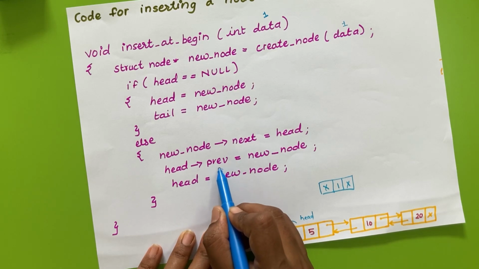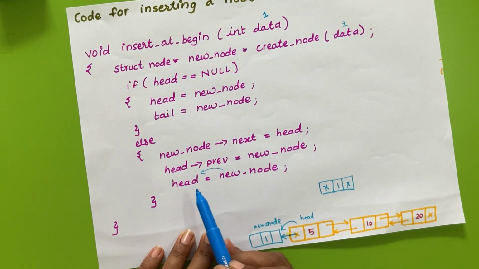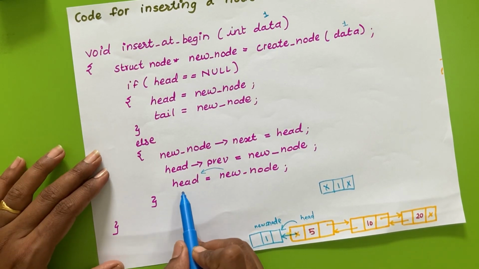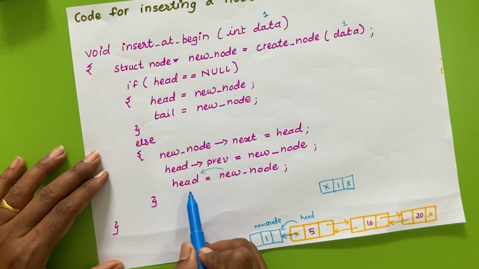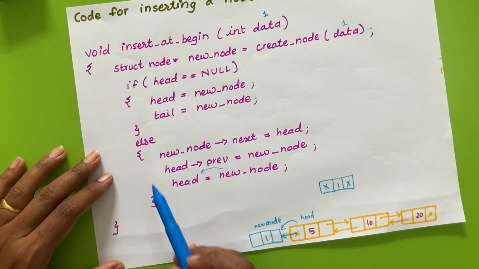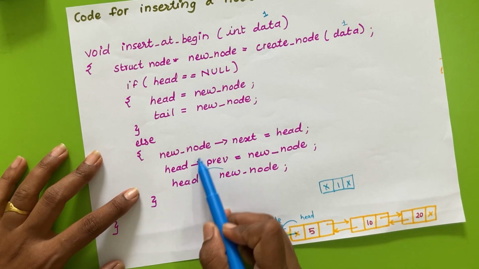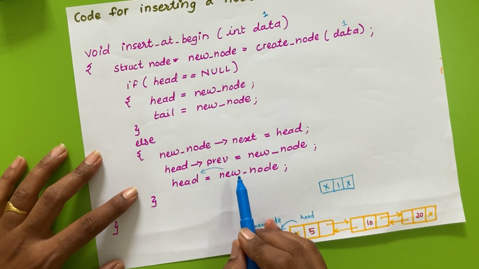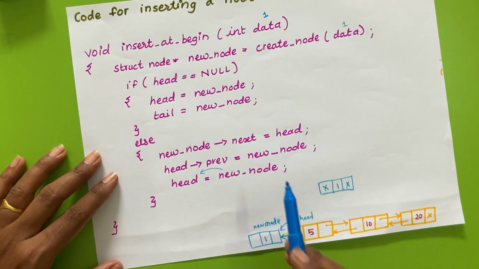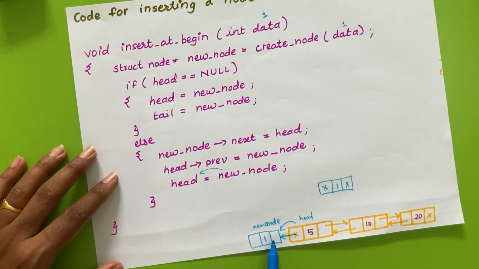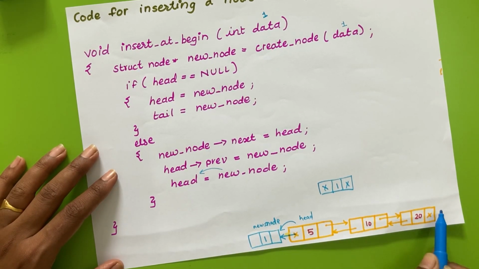This statement will work for the replacement of the new head node. So here all the assignments and replacements are done. Now I have attached the newly created node at the beginning of the list. So this will act as our newly created doubly linked list.